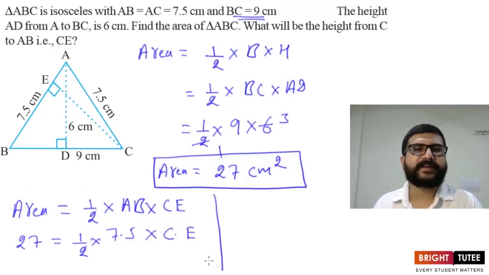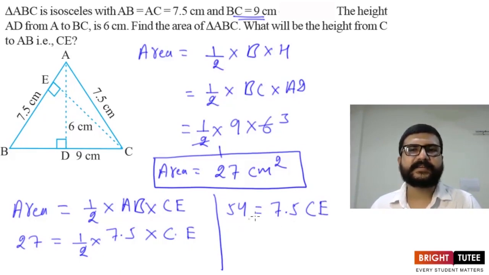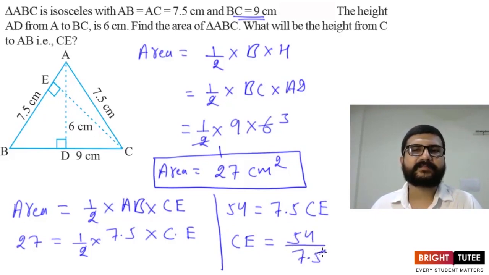Now from here we have to simplify it and get the value of CE. So let's transpose this 2 here. So this will become 27 into 2, which is 54, is equal to 7.5 CE. Now let's transpose this 7.5 on the left side. So this will give us CE is equal to 54 divided by 7.5.